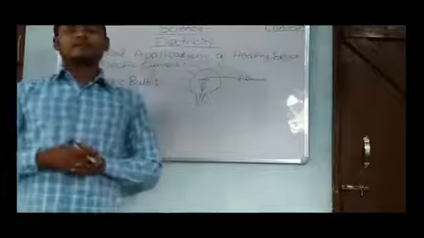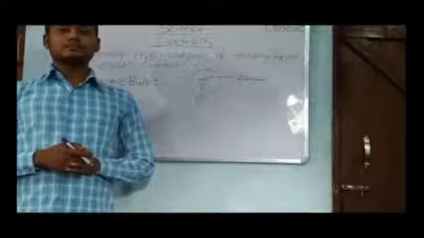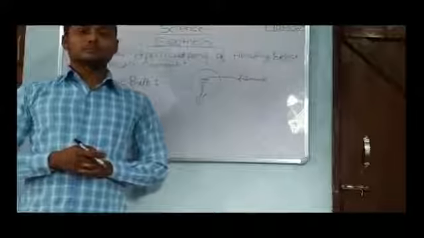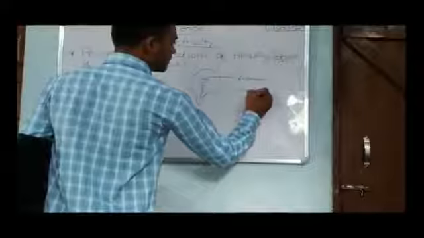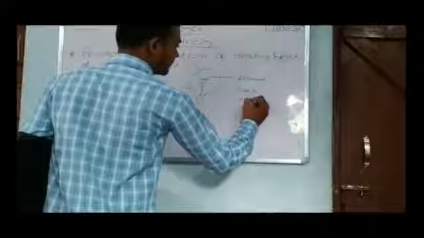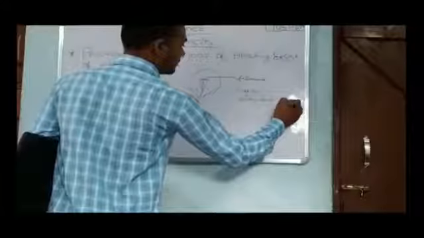We use tungsten as the metal in the filament of the bulb, having a very high melting point, which is equal to 3380 degrees Celsius. The melting point of tungsten is 3380 degrees Celsius. Okay.